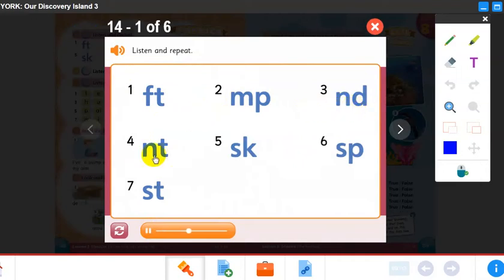N, t, nt, nt. S, k, isk, isk. S, p, isp, isp. S, t, ist, ist. So these are our consonant clusters, and a consonant also is basically, a non-vowel sound.